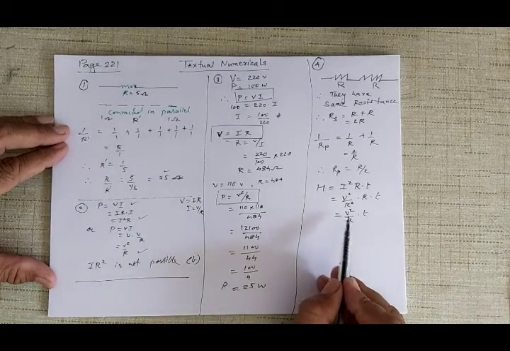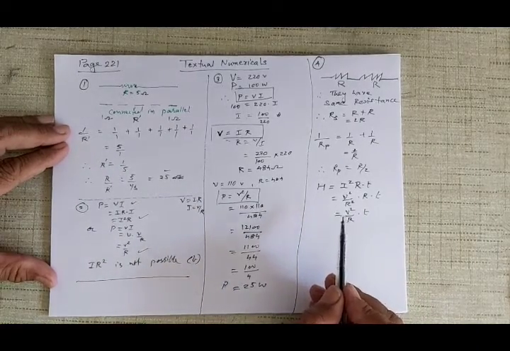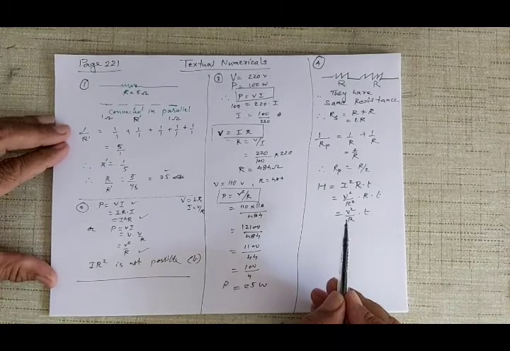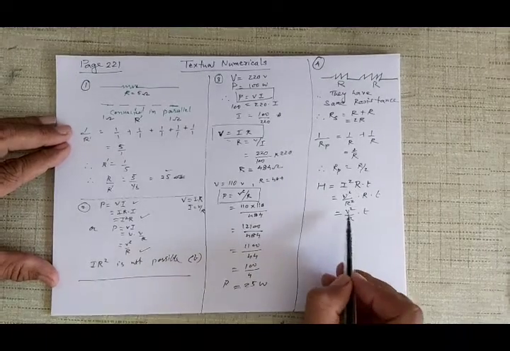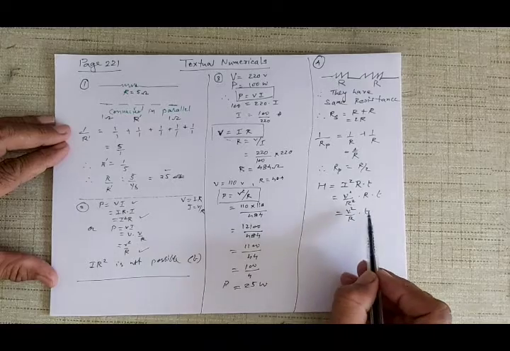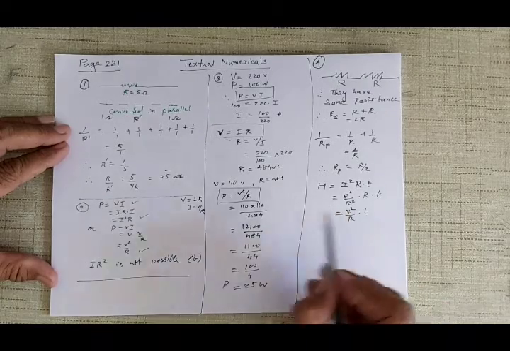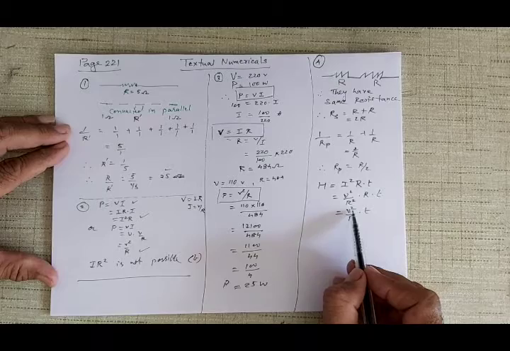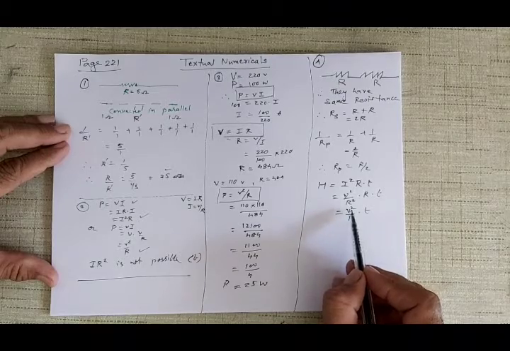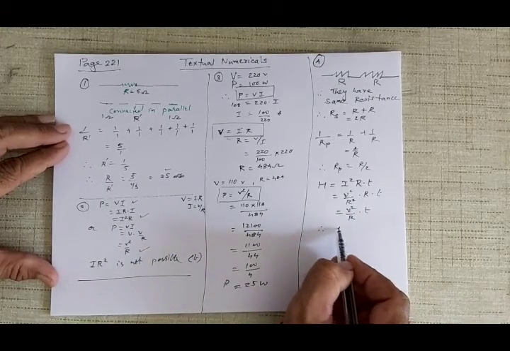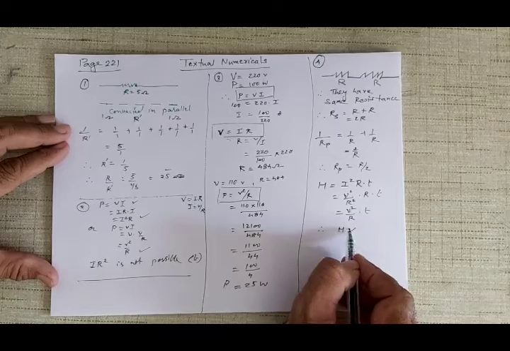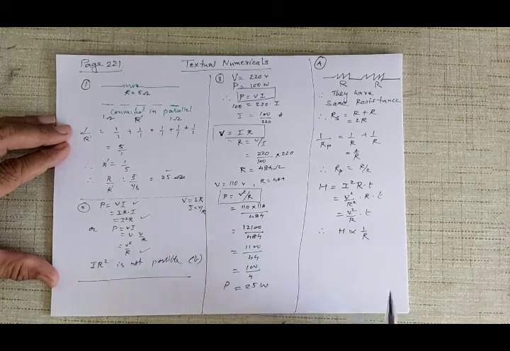According to the question, they are connected across the same potential difference, meaning V is the same. So for 1 second, 2 seconds, the same amount of current will pass through it. V square is given as the same, so H is inversely proportional to resistance.